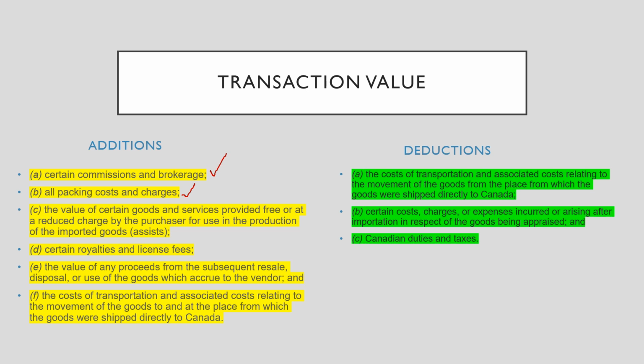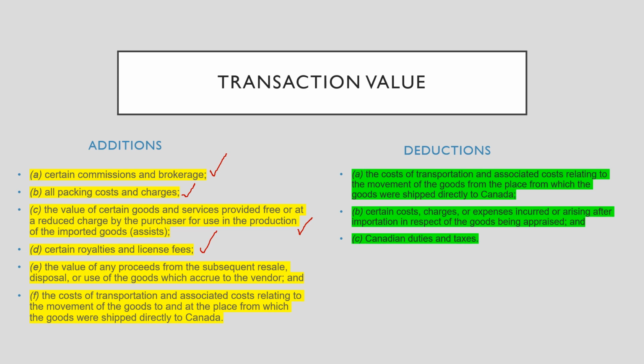You can just omit that item. The value of certain goods and services provided free or at a reduced charge by the purchaser for use in the production of the imported goods. That's what we call assist. Certain royalties and license fees.